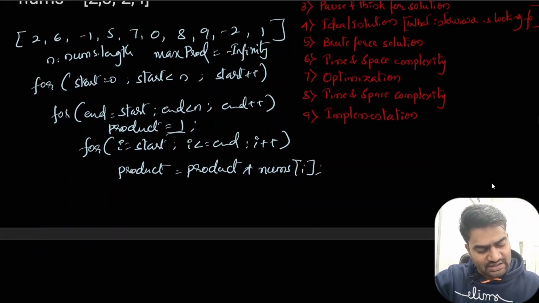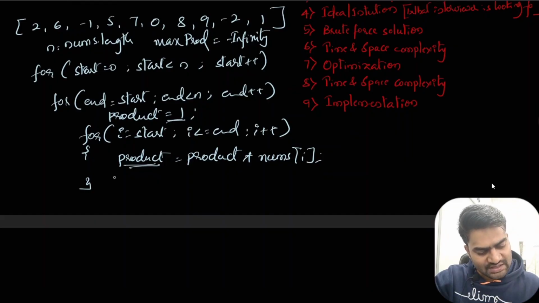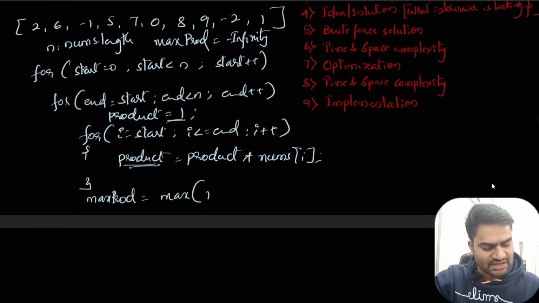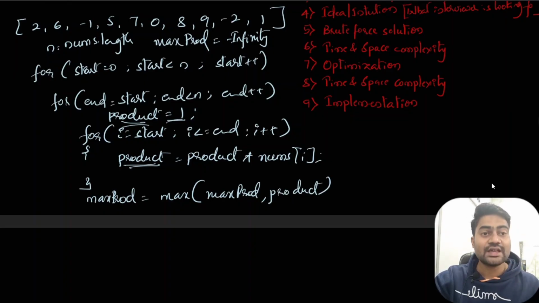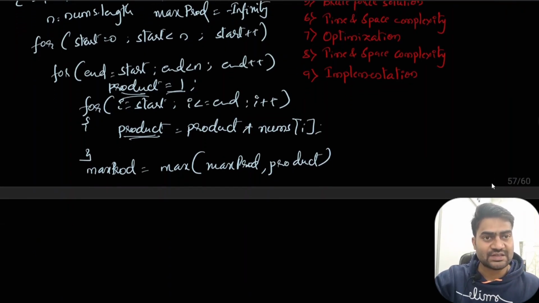So now I will get my product after the end of this for loop. Then I will update my max product: max product will be equal to max of max product comma this local product, whatever we have found.